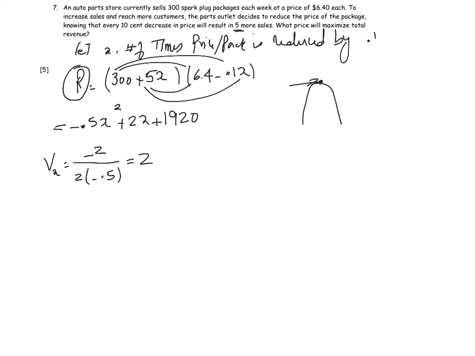Now the question is, what price is the question? Since we have to decrease the price twice, this means that the new price is 6.40 minus 0.1 times 2, which is going to be 6.20. That's the new price of a package.